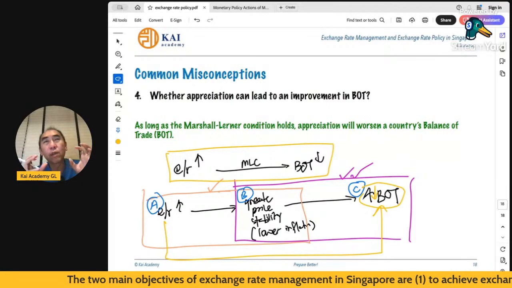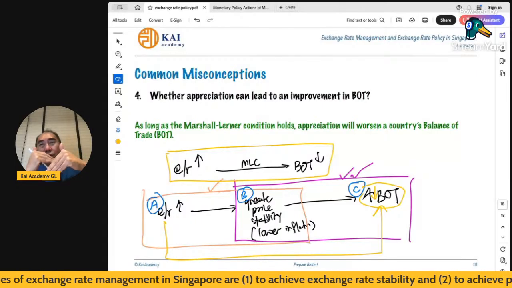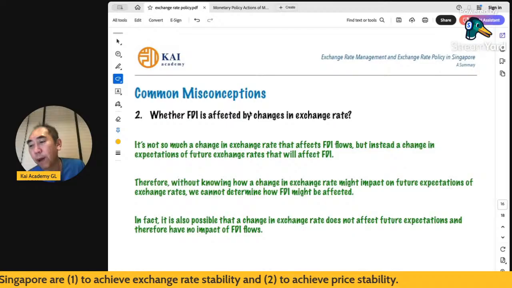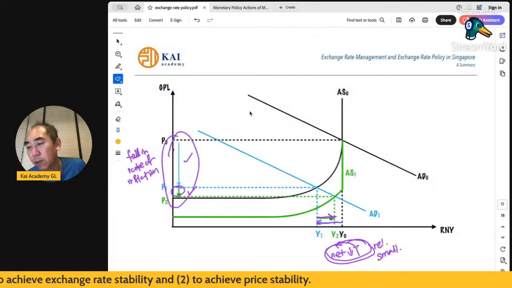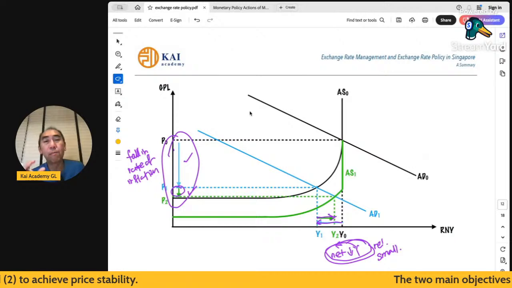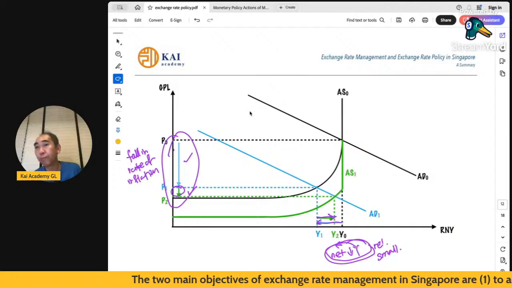But because of Singapore's high import content, the AS shift is smaller than the AD shift by only a relatively small extent. So the negative harmful side effect of the appreciation of the Sing dollar in terms of hurting RMY is relatively small. So that makes the exchange rate policy an especially good policy for Singapore.